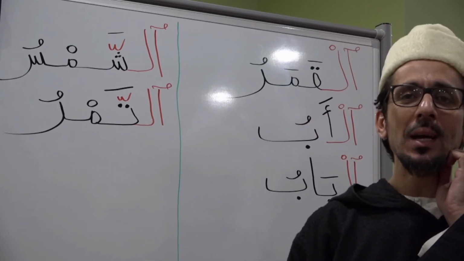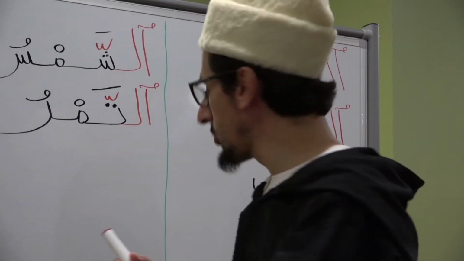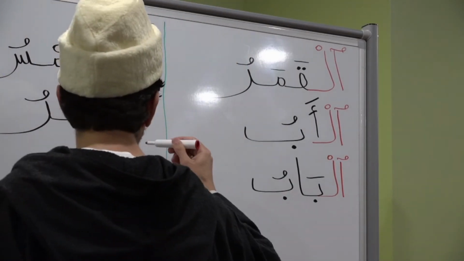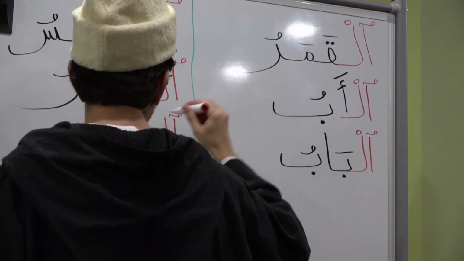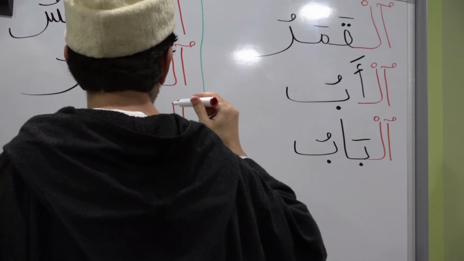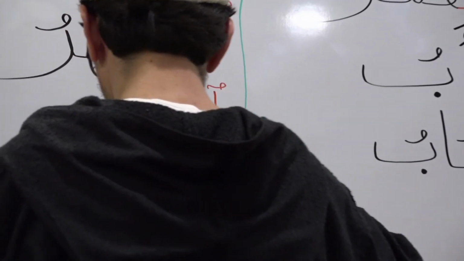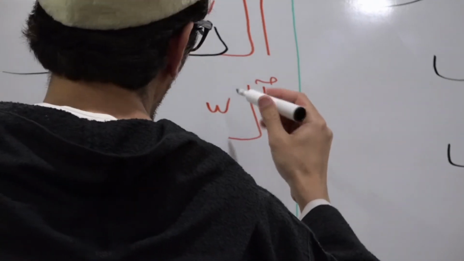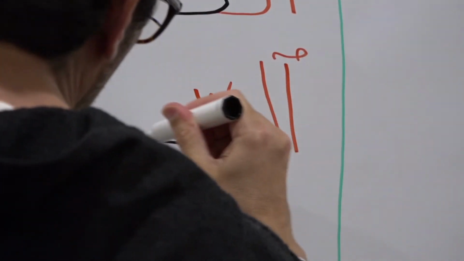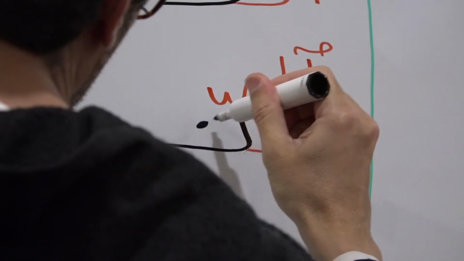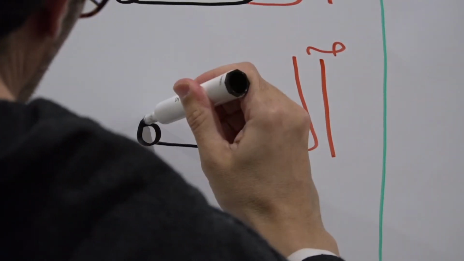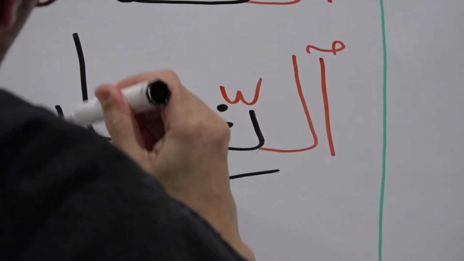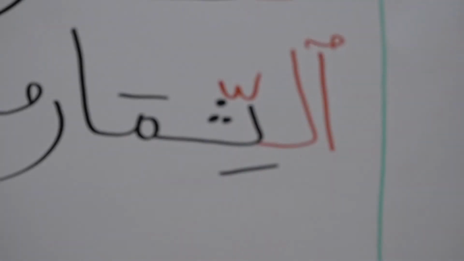Thimarun, that's fruits. Al-thimaru, الثمار, means the fruits.